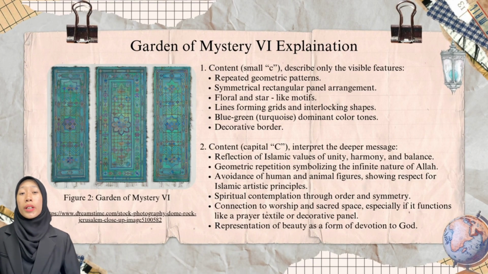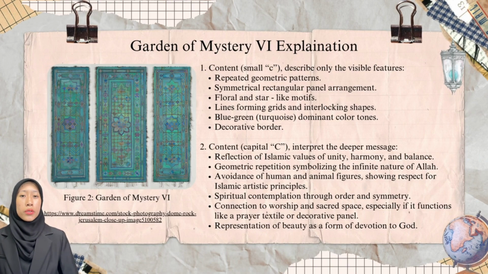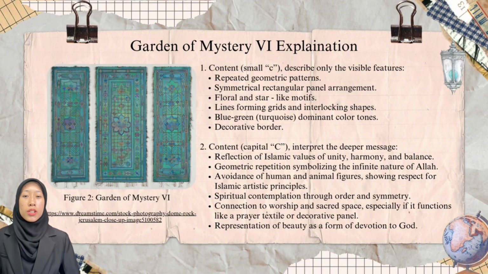And for the content with capital C, it interprets the deeper message of the artwork, such as a reflection of Islamic values of unity, harmony, and balance, geometric repetition symbolizing the infinite nature of Allah, and the third one is avoidance of human and animal figures, showing respect for Islamic artistic principles.